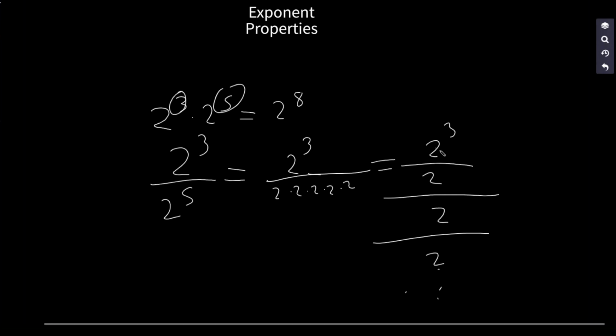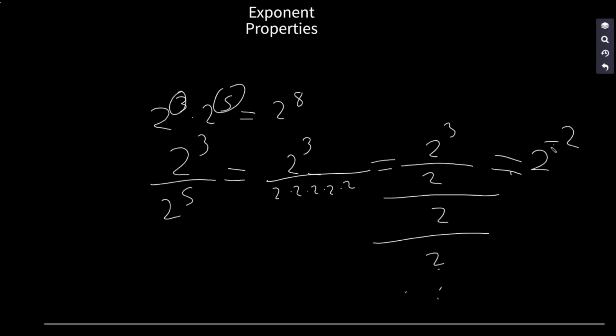I'm not going to do all of it. So basically we're getting this 2 to the 3rd less and less powers 5 times. So we're reducing the power 5 times. So if we're reducing 2 to the 3rd's power 5 times, that's just 2 to the negative 2 power.